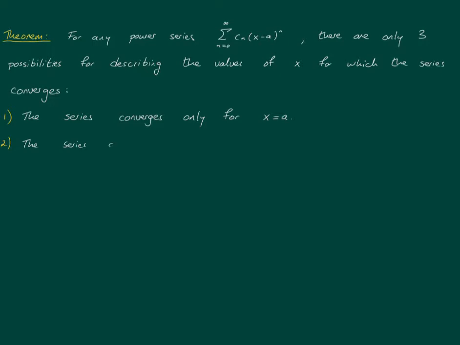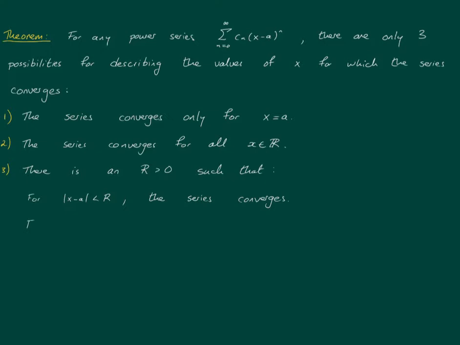Second option, so that's the first case is the worst case scenario. Here's the best case scenario. The series converges for all x in R. So for every real number you can think of, it converges. It makes sense. You can plug any x element of R into your power series. Third option, there is a positive R such that for absolute value of x minus a less than R, as in for an x that's less than R away from a, the series converges.